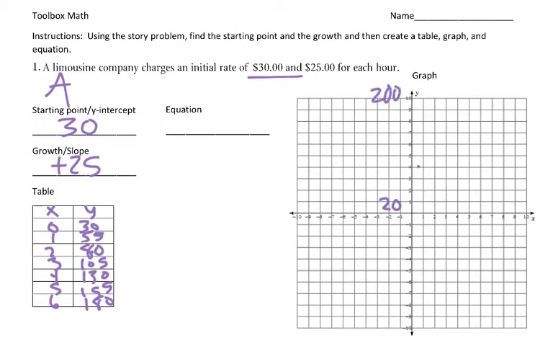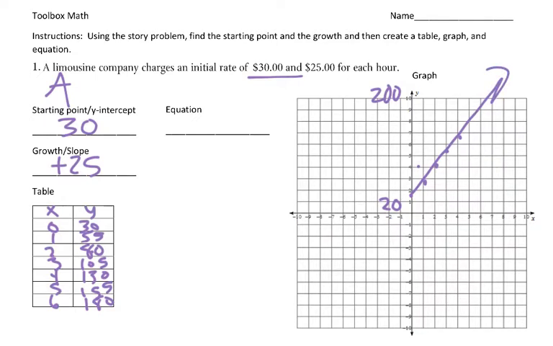So 0, 30, 155, 180, then 105, 130. Okay, and it would look something like that.